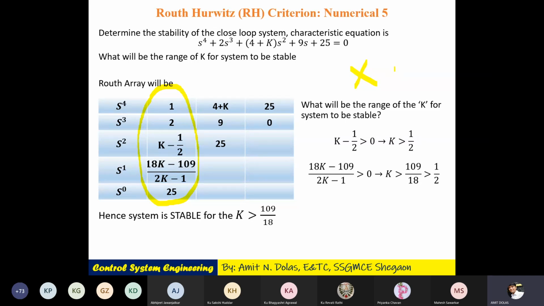Can you predict? Of course, the sign is positive if k value is greater than 1 by 2. Else it is negative. But one question is asked, what will be the range of k for system to be stable? Of course, k अगर 1 by 2 के greater है, तो system stable होगा because this term will be positive. वही हमें आंसर करना है.